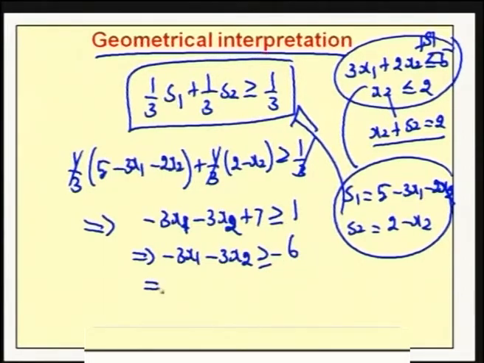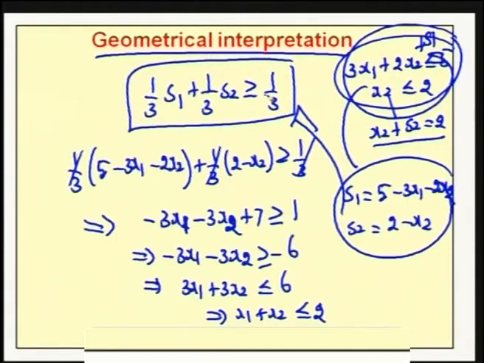Now, we rewrite this as 3x1 plus 3x2 less than or equal to 6, which gives x1 plus x2 less than or equal to 2. So, from the given set of constraints and from the Gomorian constraint, we get our new constraint x1 plus x2 equal to 2.